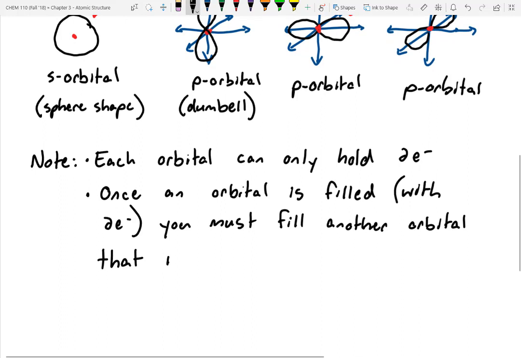That is higher in energy. All right, so I'll show you what's going on in super simplistic terms.